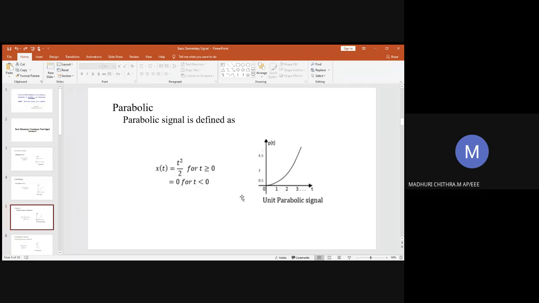For this side it is always 0, and for the other side it continues. This is the diagrammatic representation, the symbol for the unit parabolic signal, a continuous time signal.